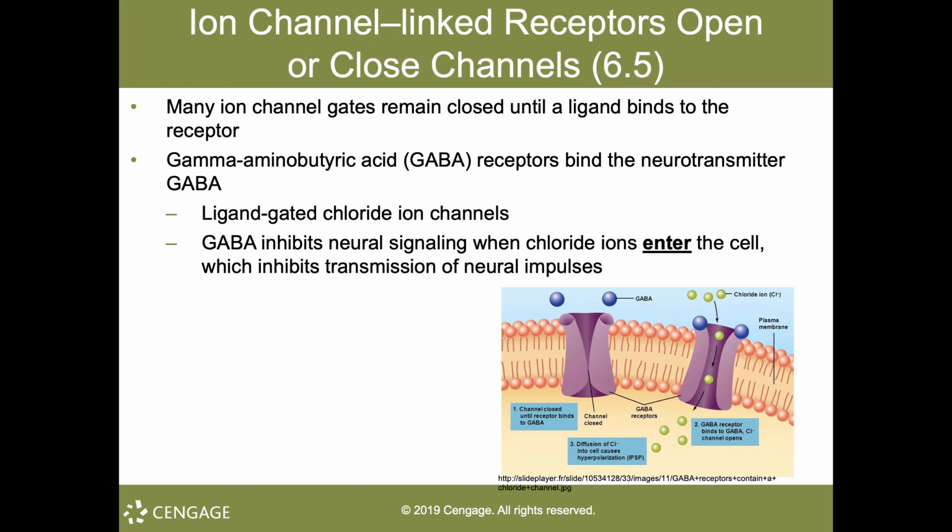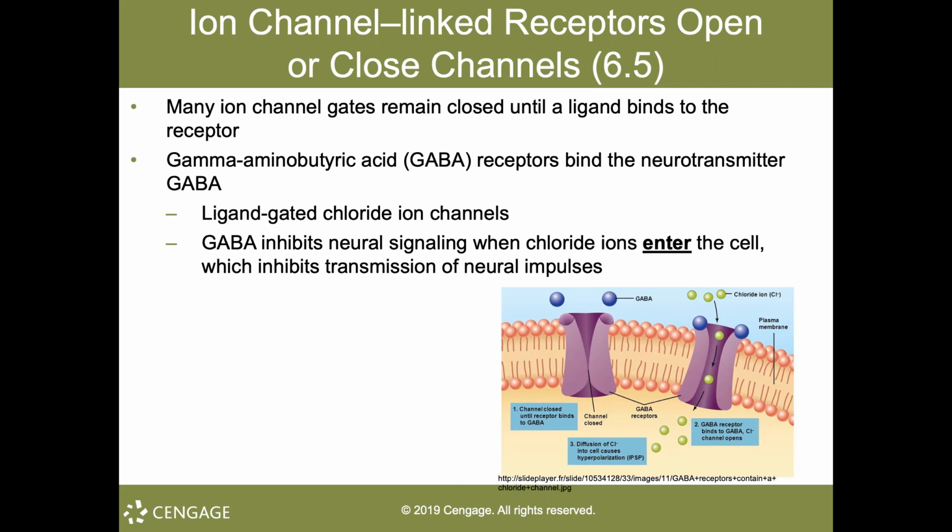In the previous objective, we talked about acetylcholine binding to a receptor embedded in the plasma membrane, so binding to one of those ion channel linked receptors. Acetylcholine bound to the receptor, and that allowed for the channel to open, and it caused a flood of positively charged sodium ions.